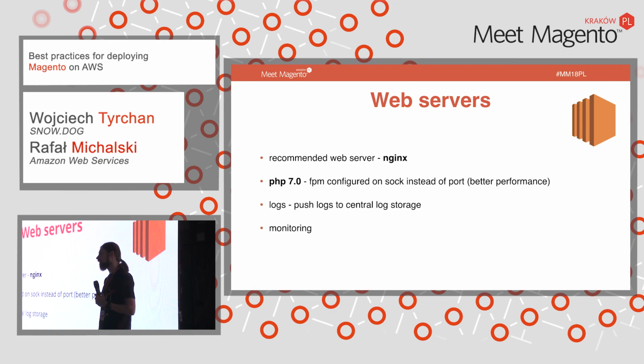AWS gives you some tools for that, I think it's CloudWatch. Yeah, and it's good, but there are also external services that actually build on top of CloudWatch APIs, and we all know that New Relic is very good and you should go with it.